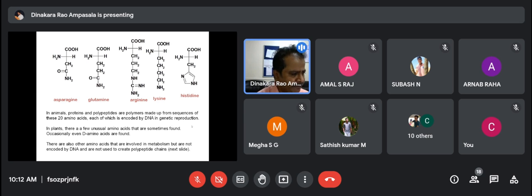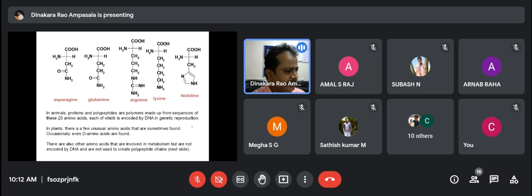Okay, so these amino acids are encoded by the DNA machinery. As we see in the central dogma, DNA provides the information to synthesize RNA, and messenger RNA will take the information as a genetic code to synthesize, to combine, to join that amino acid with the growing chain.